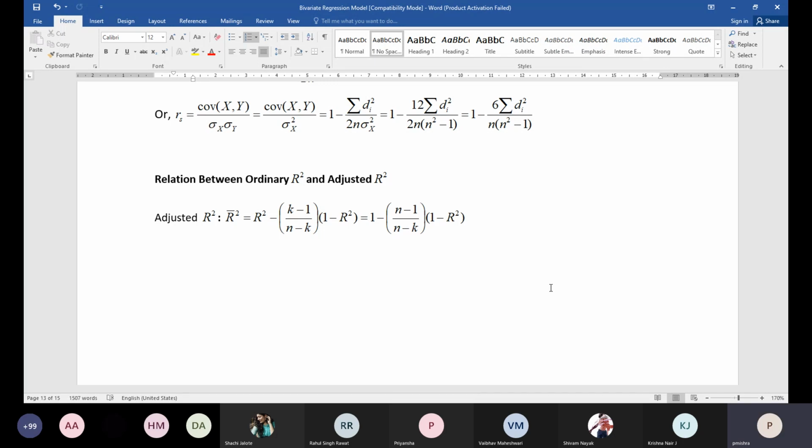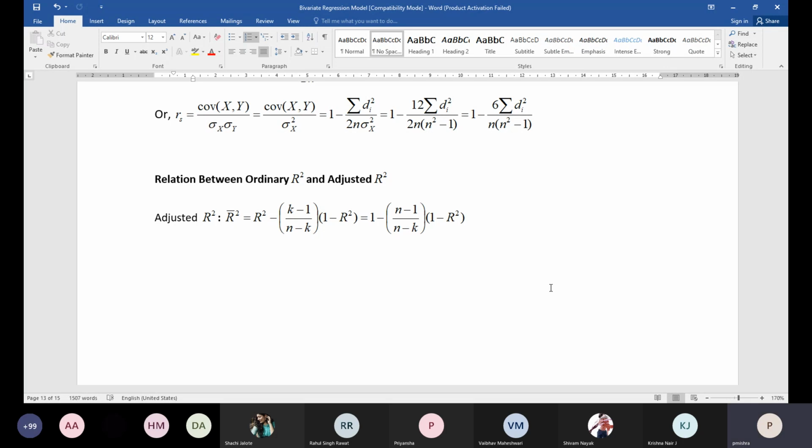So these two aspects we'll be discussing when we switch over from the bivariate regression model to the multiple regression model. That we'll do after we complete our discussions on testing of hypothesis.